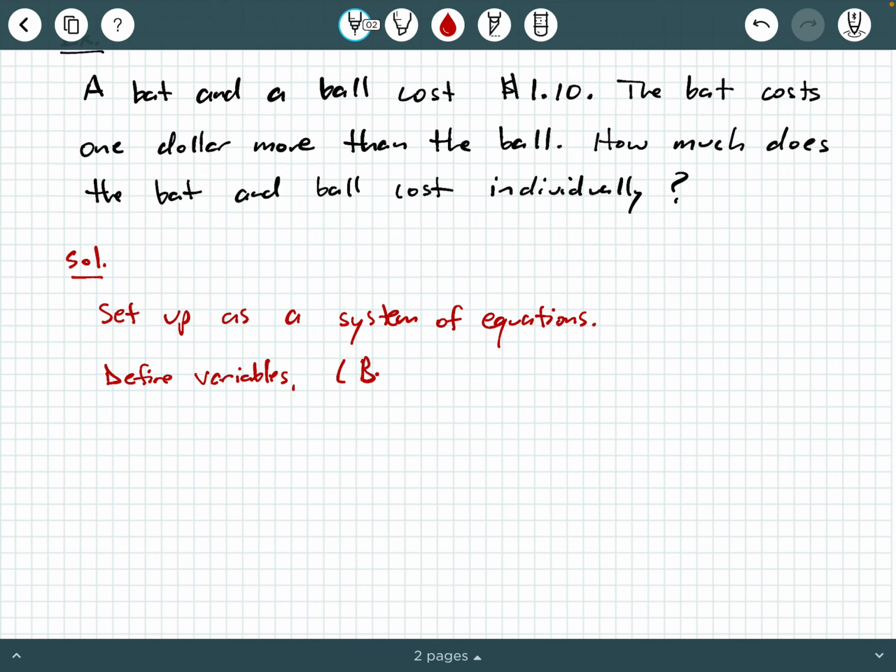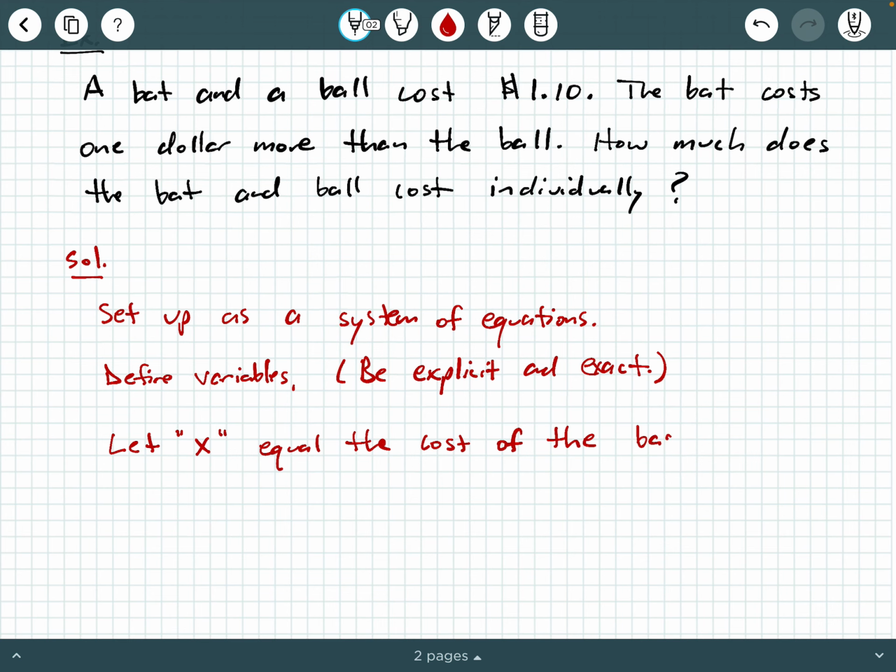So we're going to say be explicit and exact when you define your variables. So here's what I'm going to do. I'm going to say let x equal the cost of the bat.